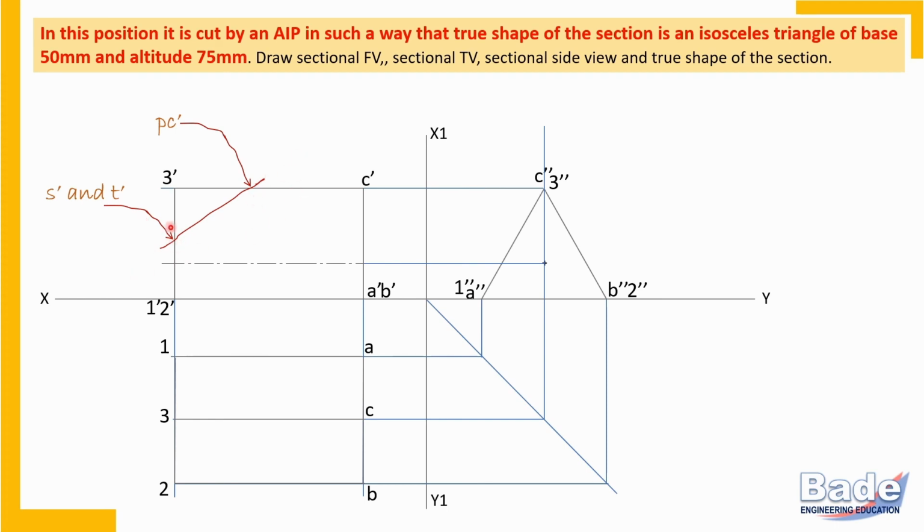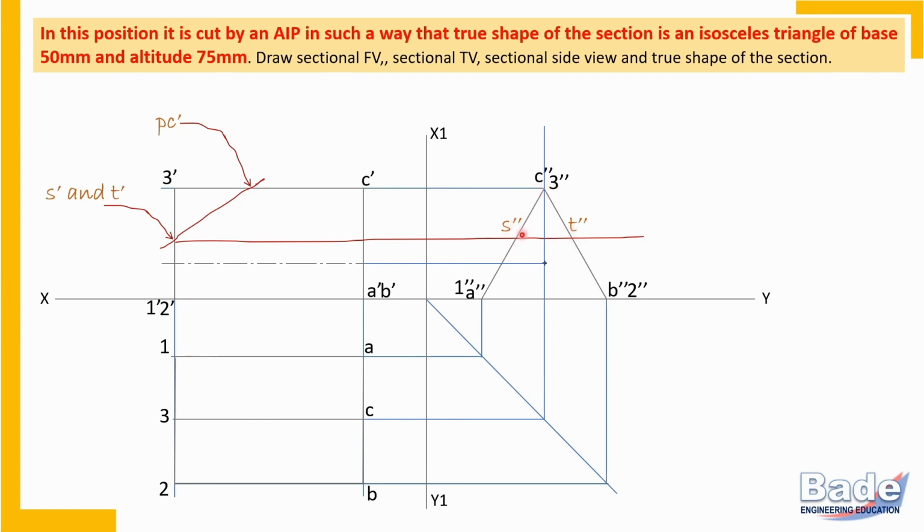Now how will you transfer these points in the side view? Check here. S dash T dash, S double dash T double dash. S double dash is on edge 1 3 and T double dash is on edge 2 3. So this is how you will get the base of the section, and PC is on edge C3, that is on this corner. So this is how you will get the section in the side view, and it is an isosceles triangle.